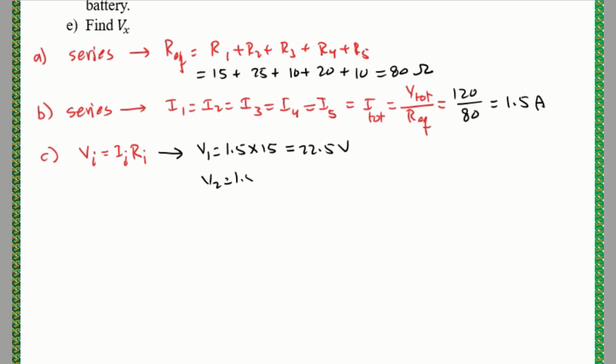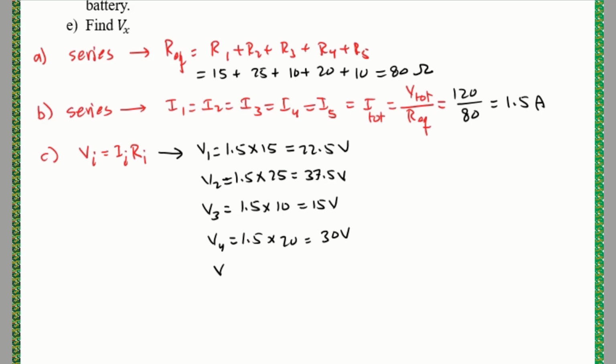V2, 1.5, the same current, times 25, I think it's 37.5. V3, the same current, times 10, it's 15. V4, 1.5 times 20, it is 30. Finally, V5 across R5, the same current times 10, which is 15.